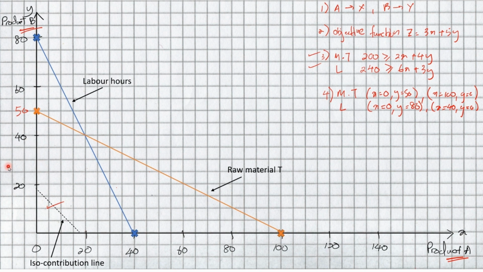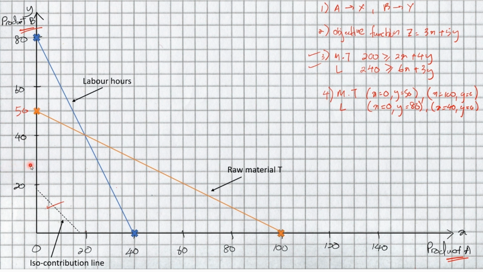When it comes to identifying the feasible points, do not consider the ISO contribution line. Only consider the x and y axes and any other constraint lines. So we have here the y-axis, x-axis, the line for labor hours and the other line for raw material. Now let's enter into this graph from the left side.